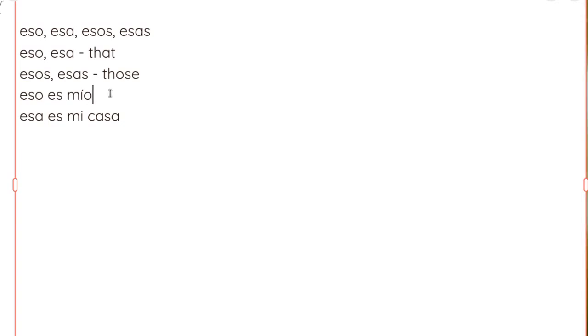Let's follow the same that we did before. Eso y esos. Okay, the same but plural. Esos. Singular, you can say eso es mío. Esos objetos o esos zapatos son míos.